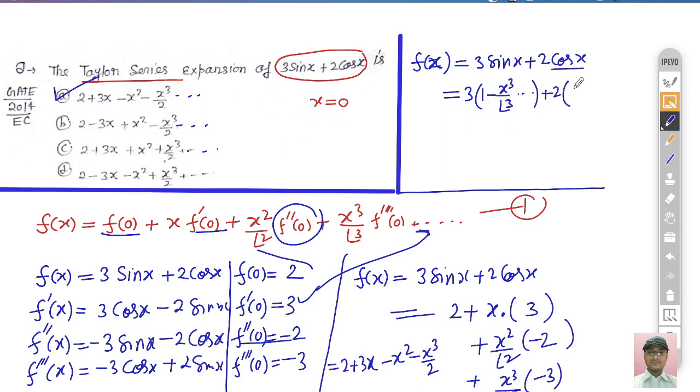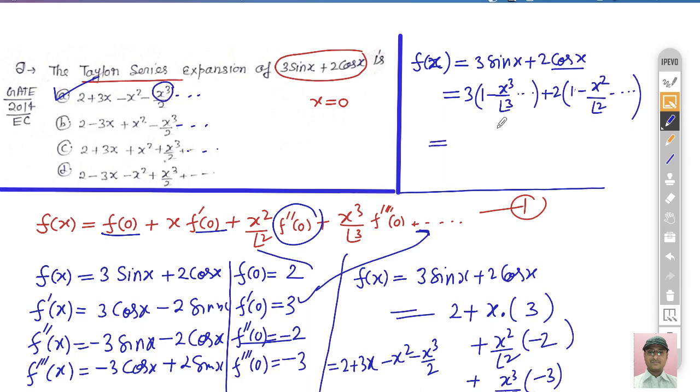Cos x is what? It is 1 minus x square upon factorial 2 and dot dot dot, because both sin and cos are alternating series. Once you go to x raised to the power 4, it has no use because the maximum power given is x cube.